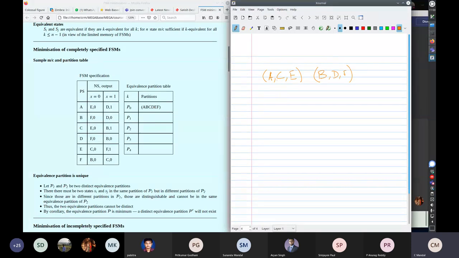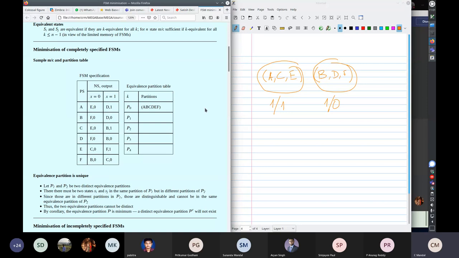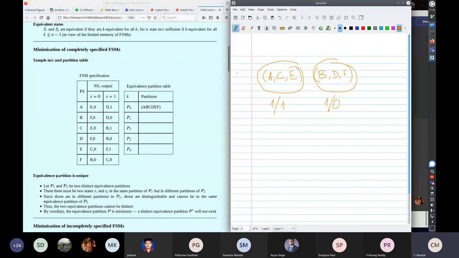Because for this set of states, on input 1, you get output 1, and for this set of states, on input 1, you get the output 0. So you are able to distinguish between these two sets of states, all right? So this is actually P1.